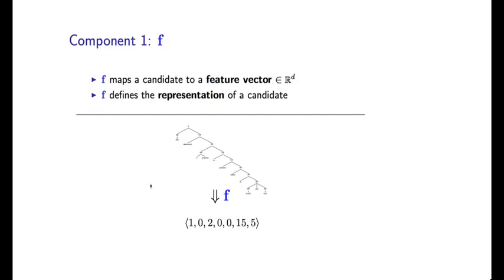So here's f. Again, sticking with the parsing problem, f takes an entire x, y pair as input. So in the parsing case, we would have a sentence, which you can see at the fringe of this tree, paired with some parse tree. And we're going to define some function that takes this parse tree as input and returns a feature vector as output.